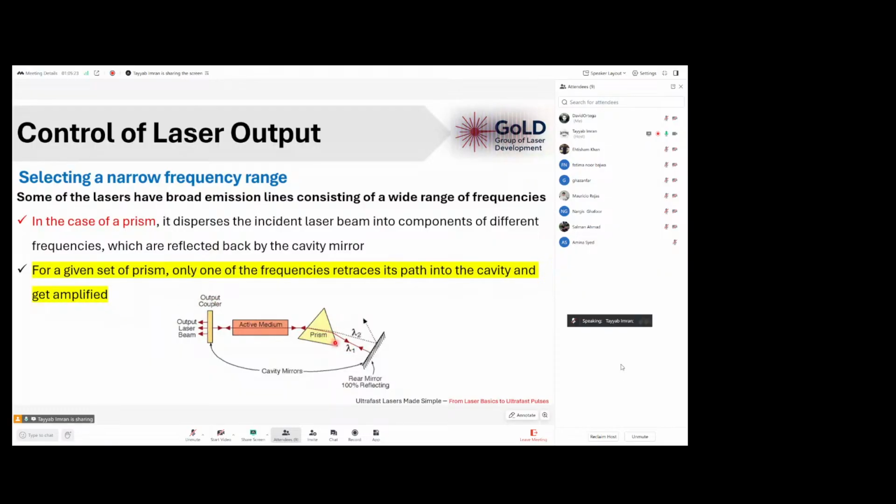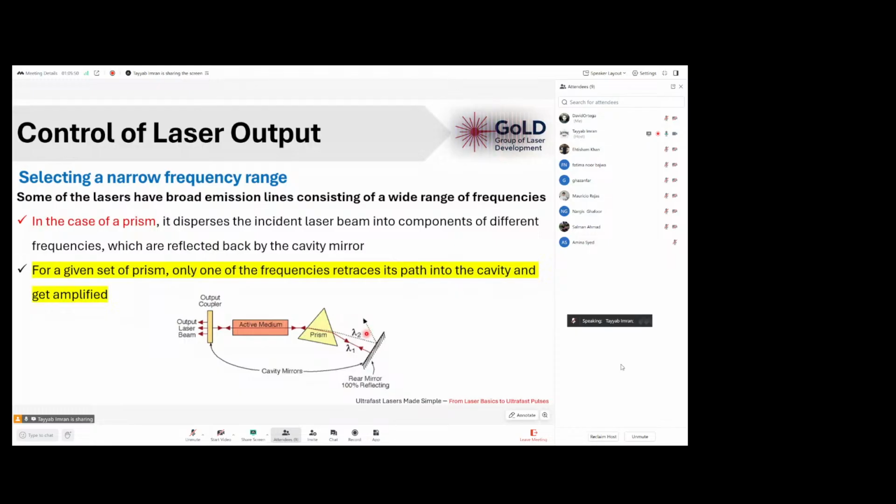Or it can be lambda 3. It depends on how broad the spectrum of the laser is without using the prism, or you can say how broad the gain curve of this gain medium is. We can just rotate this prism to a certain angle, and then we can have a different wavelength at the output.